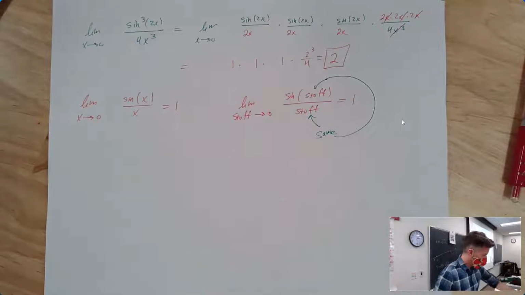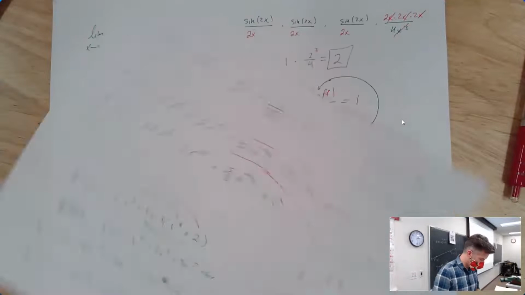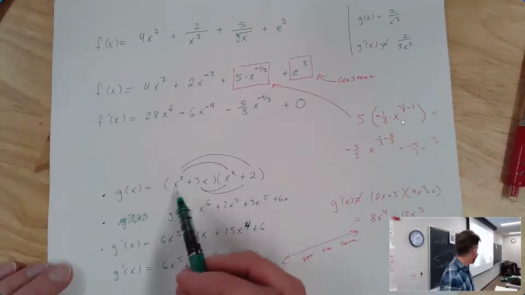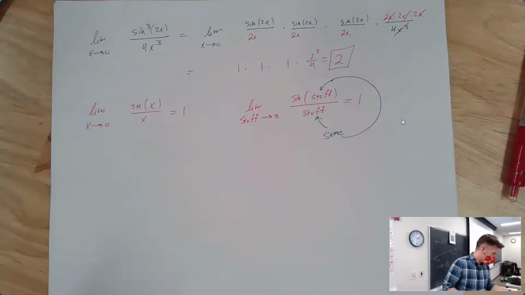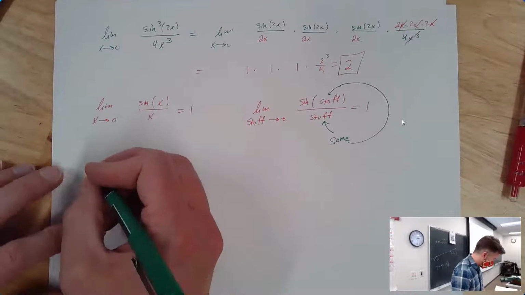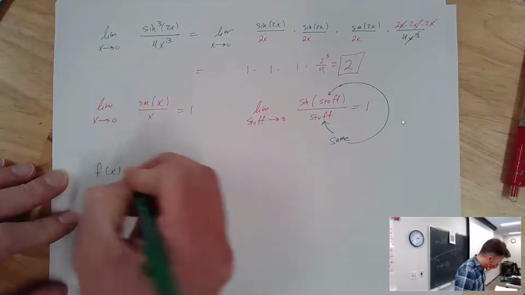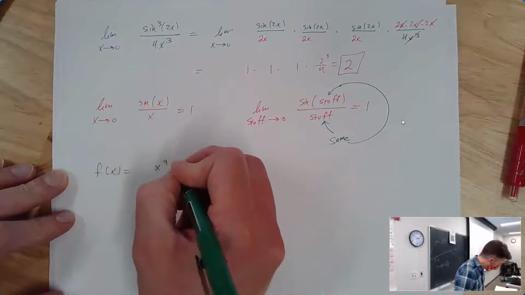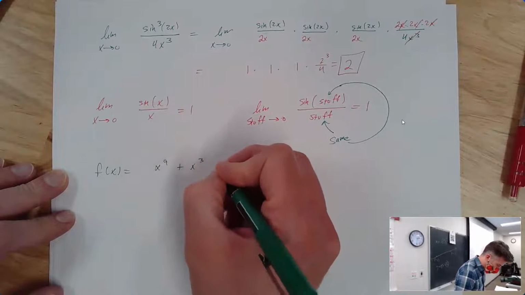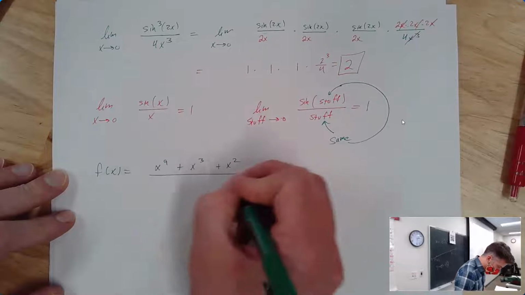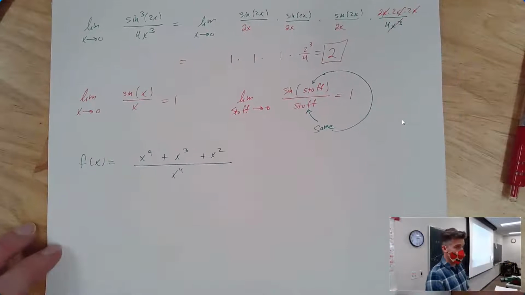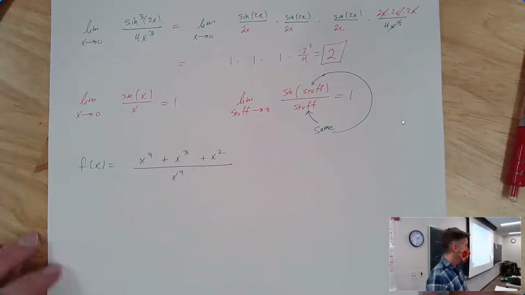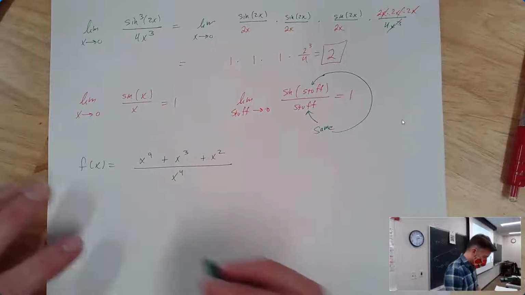In a similar way, you probably don't actually want to use the product rule to differentiate something like this. It's not that terrible, but that's kind of the point. Or for example, if I had the function x to the 9th plus x cubed plus x squared divided by x to the 4th, sure, I could use the quotient rule if I knew what it was, but it's way easier to simplify this.